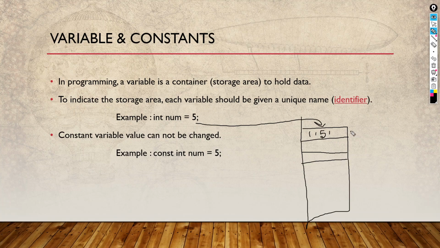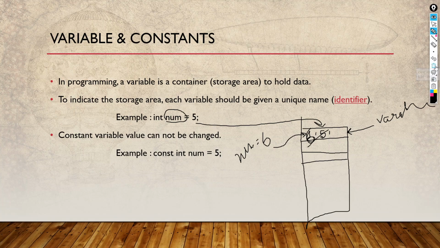Consider it a container; this variable is named num. Now if we want to store any other data, suppose num equals to 6, then this 5 will be deleted and this 6 will be stored here. As it is a variable, we can store any data in it, right?